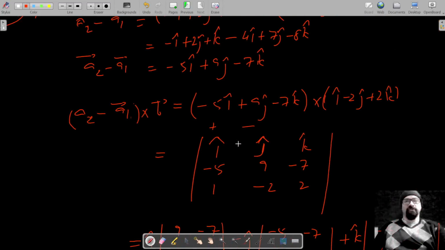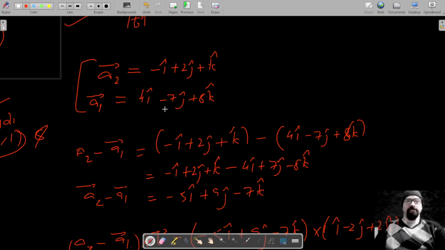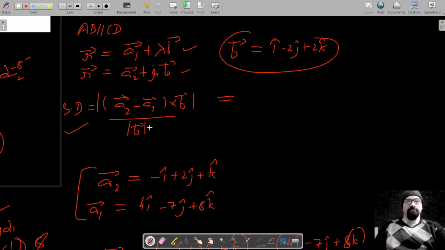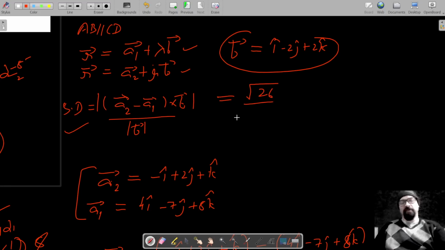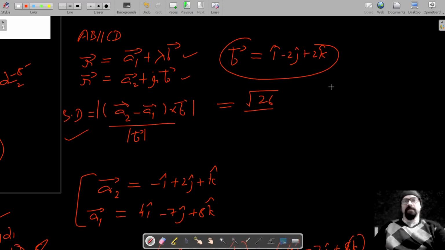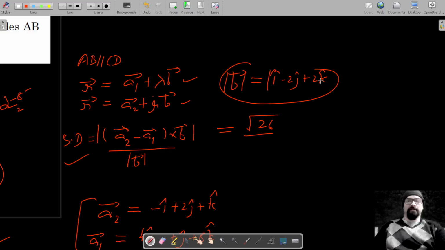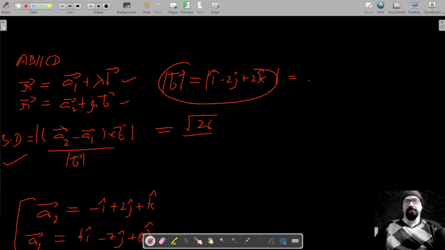But we have to find the shortest distance, and the formula for the shortest distance was that we have to divide it with the modulus of b. Let's find out the modulus of b, which is under root 1 square plus negative 2 square plus 2 square.